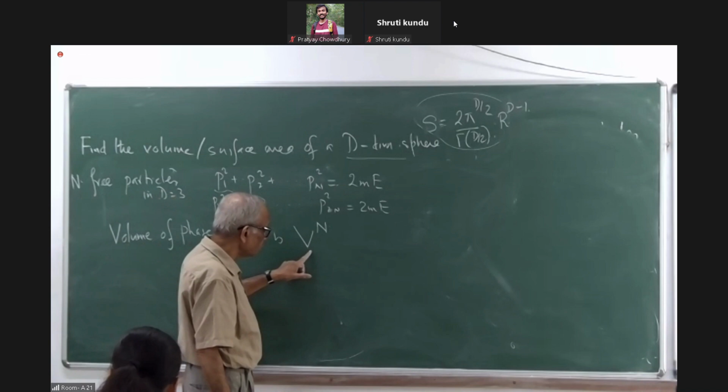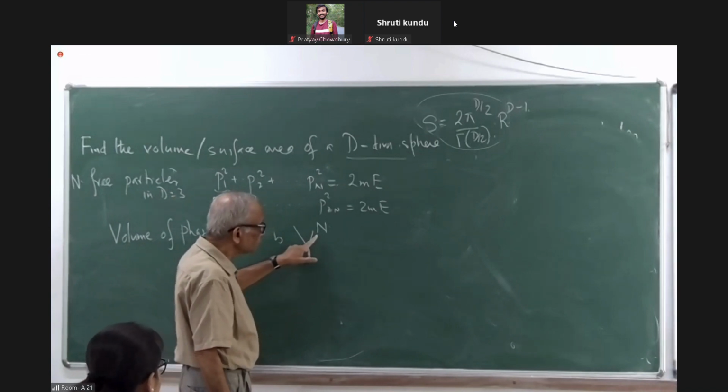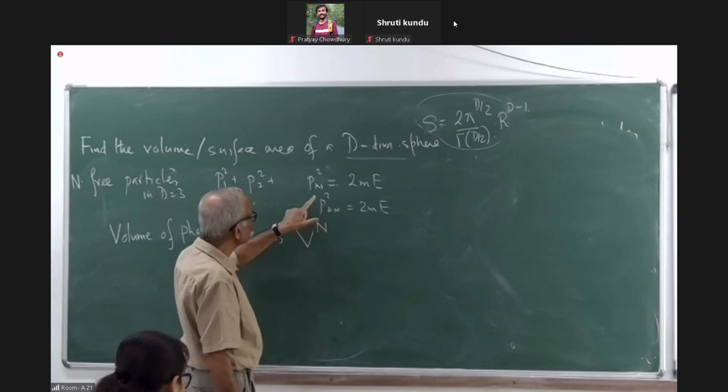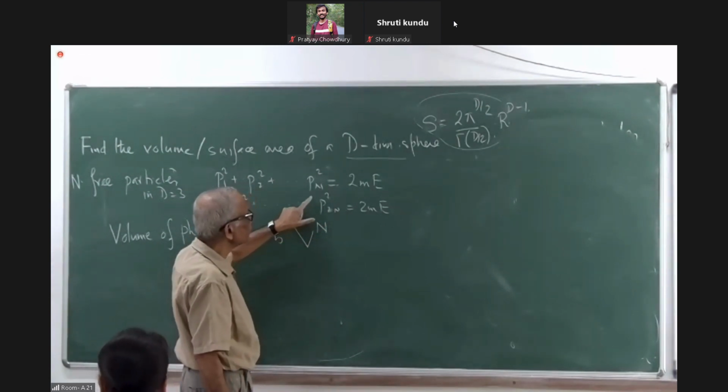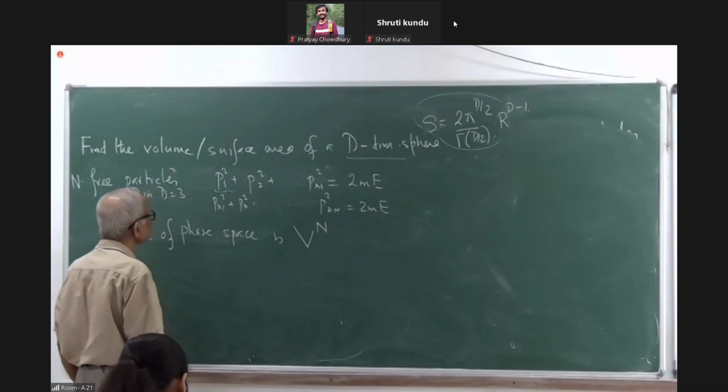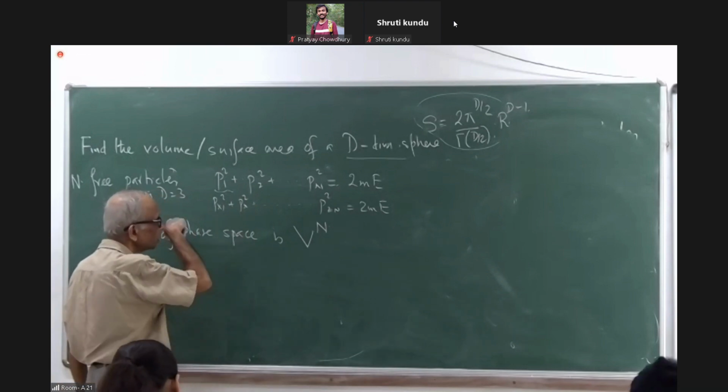So each one of them has volume V available. So it is V to the power N, and then they are confined to the surface of this sphere over here.